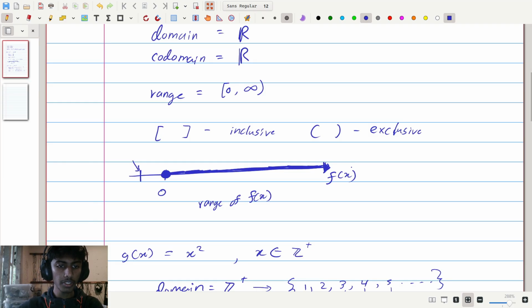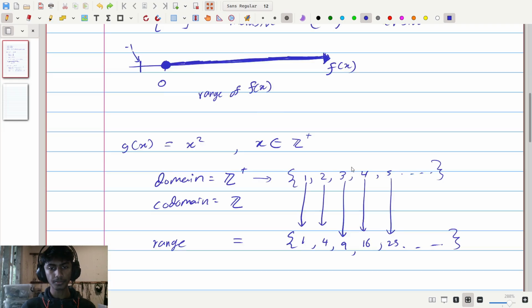For example, the point -1 is not hit by f(x) for its domain in the real numbers. Why? Because it simply cannot be done. There's no real number x that we can input such that f(x) outputs -1. Therefore, -1 is not in the range of f(x), and therefore the range does not cover the entire codomain, and therefore f(x) is not an onto function.